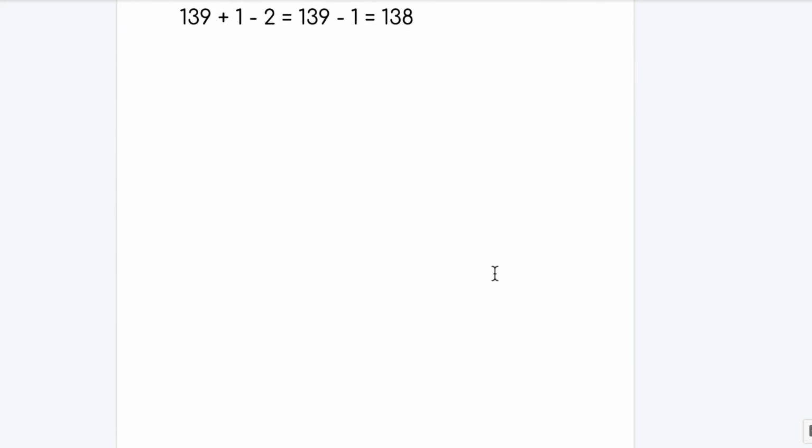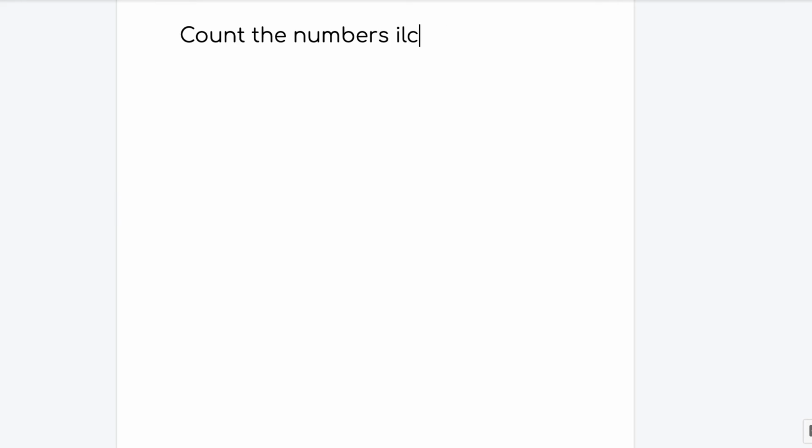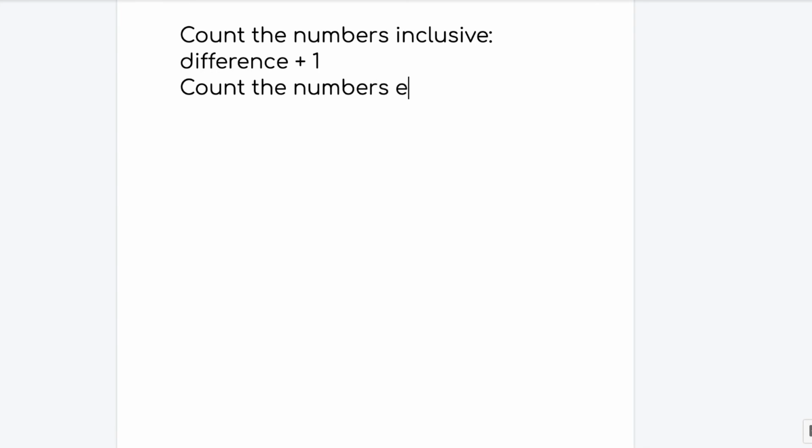This just means that if we want to count the numbers inclusive, we just do the difference plus 1, and if we want to count the numbers exclusive, we just do the difference minus 1. It's very easy.